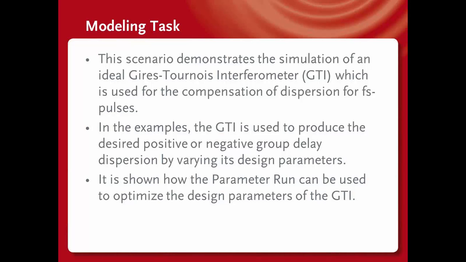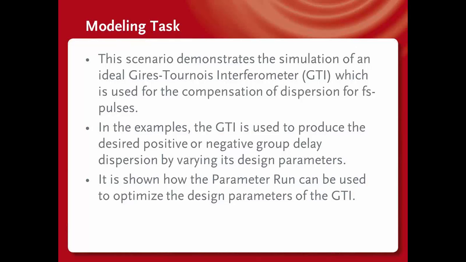And we will see in VirtualLab how we simulate such a GTI interferometer for the compensation of dispersion for femtosecond pulses. By this GTI we can produce desired positive but also negative group delay dispersions by varying the design parameter.